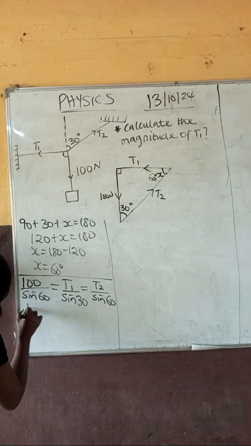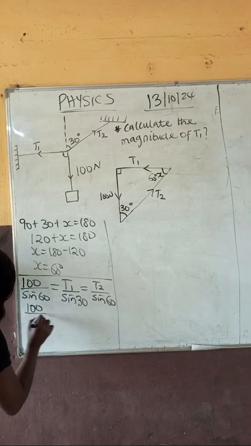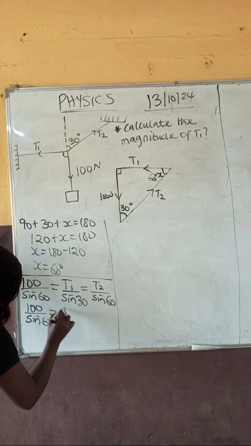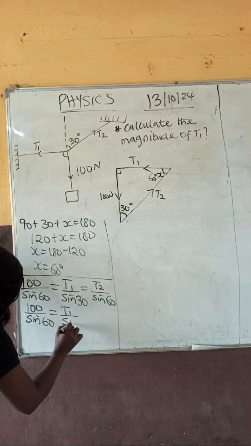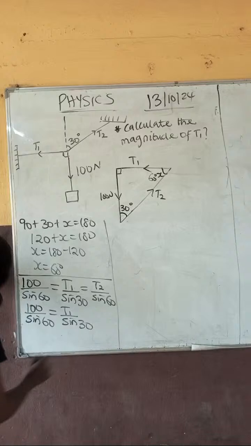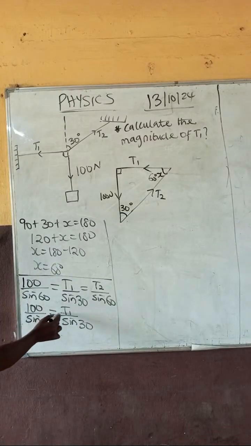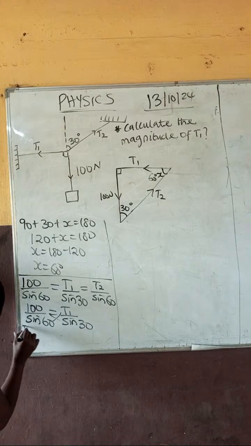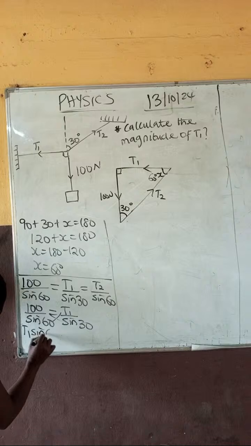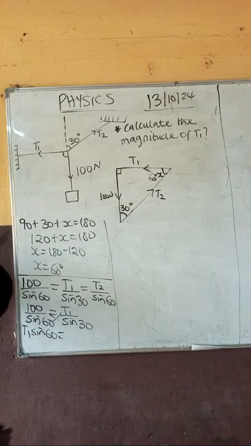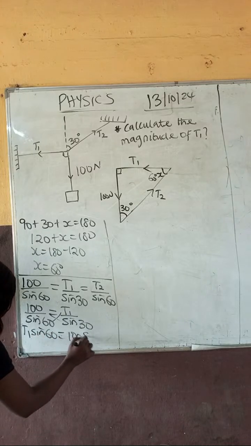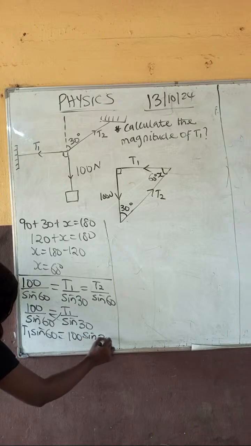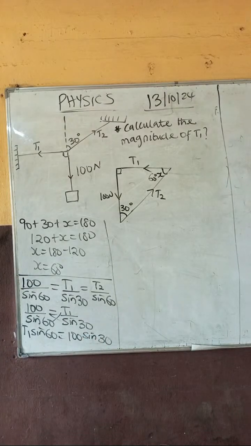So I will say 100 over sine 60 is equal to T1 over sine 30. Now let's cross multiply. The cross multiply means that T1 sine 60 is equal to 100 sine 30.